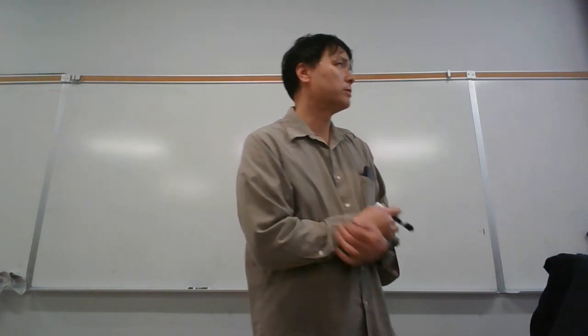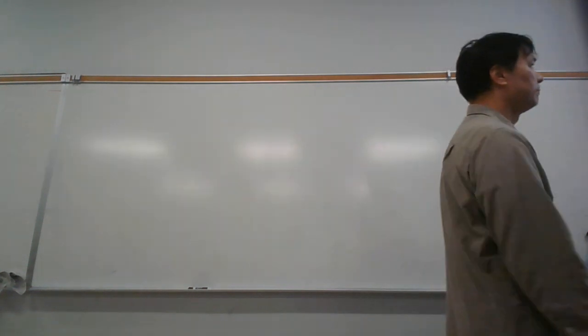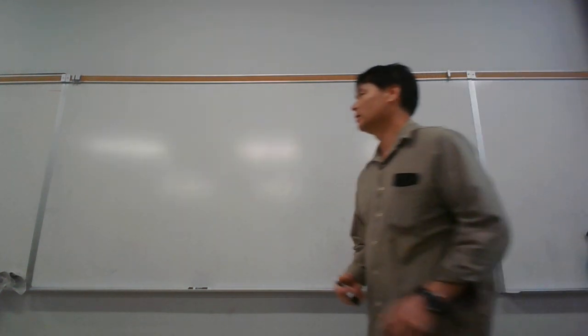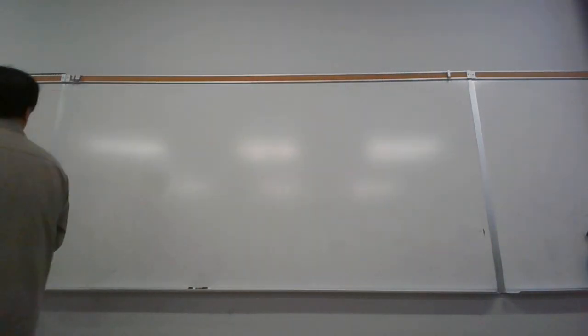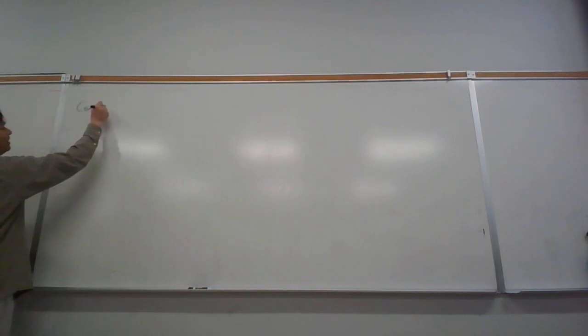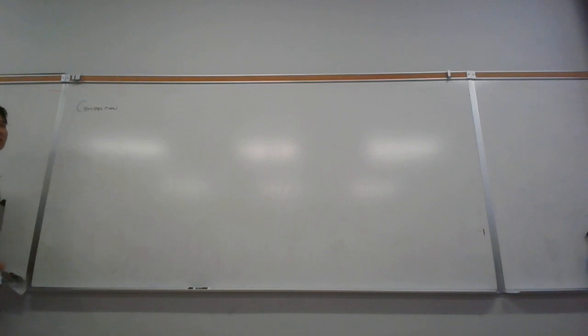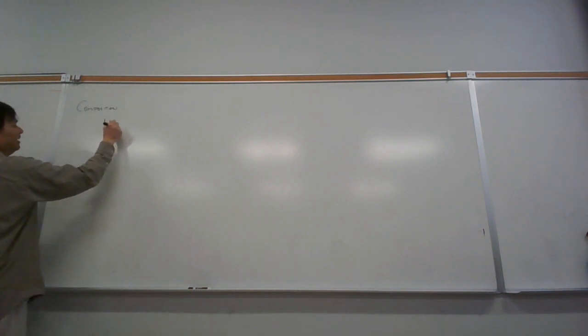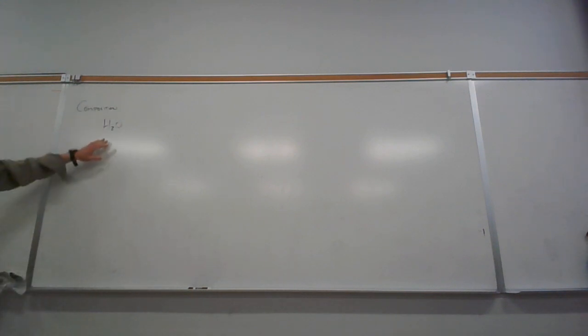All right. There are no questions. We'll just continue with Chapter 3. In Chapter 3, we were looking at composition. If we want the composition, the most common way of expressing it is not by percentages. For example, water is 11% by mass hydrogen and 89% by mass oxygen.